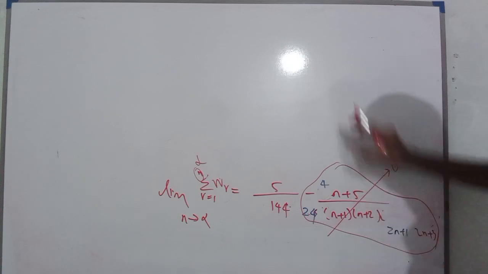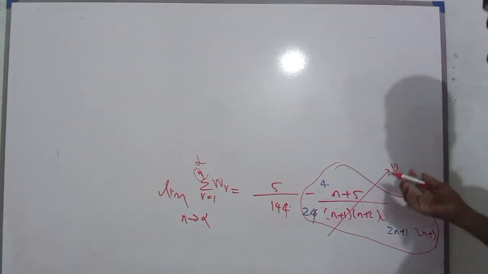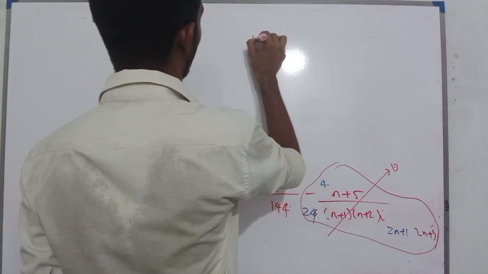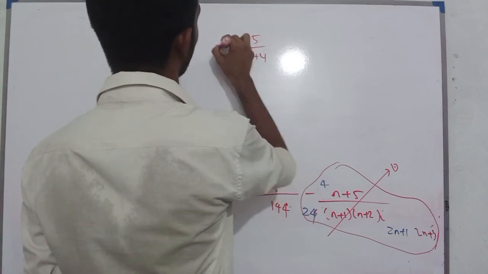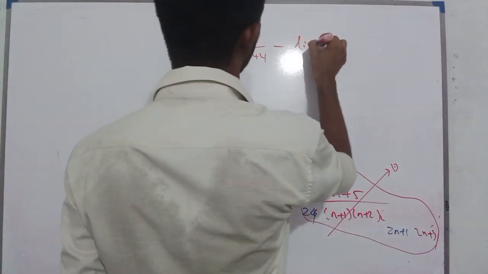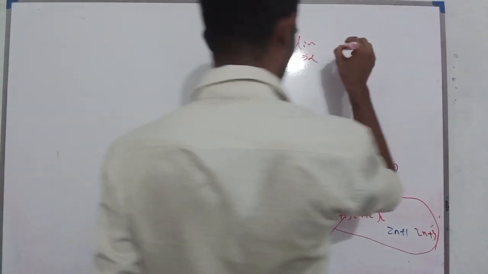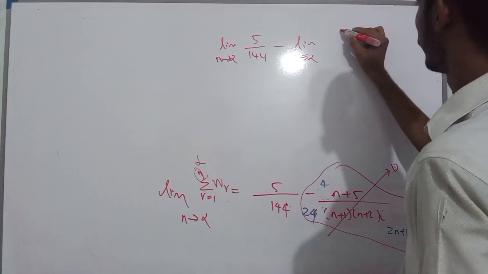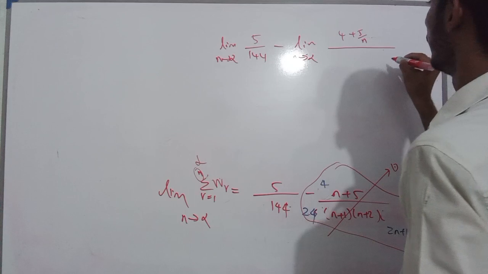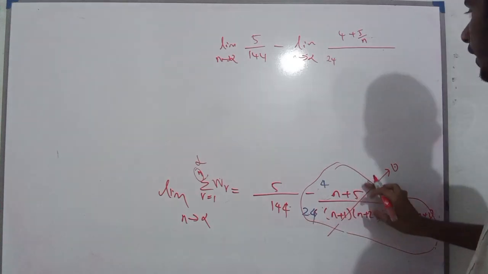You divide both numerator and denominator by n. So 5/144, limit n tends to infinity, minus limit n tends to infinity of (4 plus 5 divided by n) divided by the denominator.